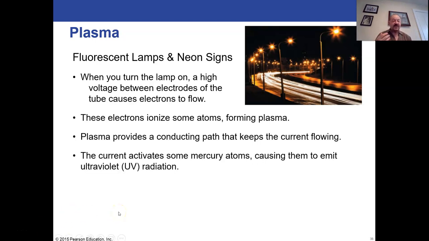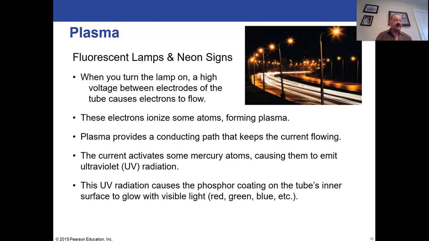And this current can activate other atoms that are in the lamps, like mercury atoms. And mercury atoms, when they're excited by all this energy, will actually emit ultraviolet radiation, UV light.